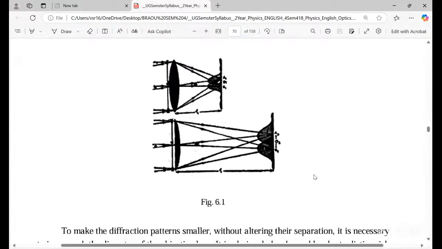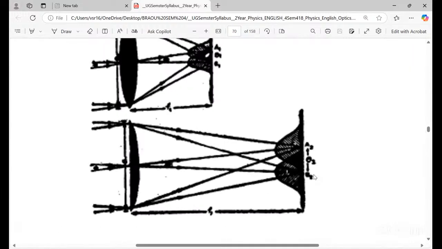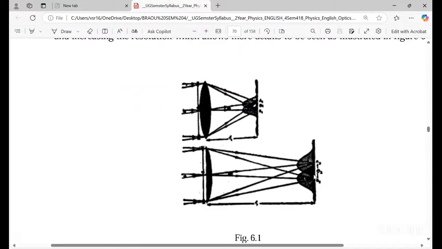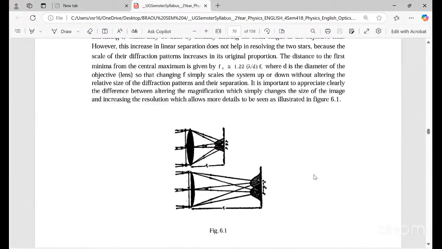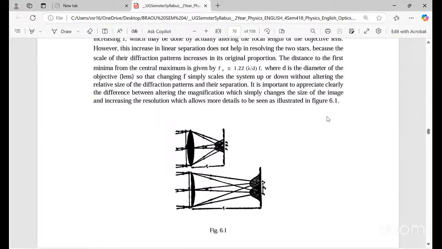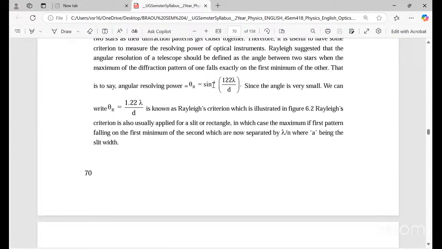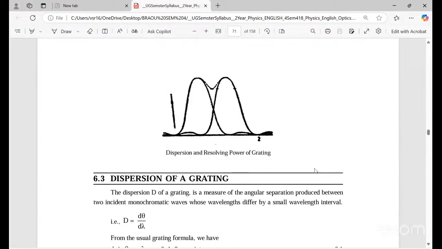This is the central maxima at a distance, and the other one. Is the Rayleigh criteria being fulfilled or not? We can check it once. 1.22 lambda by D is the Rayleigh criteria theta value. So there is a dip between two images.